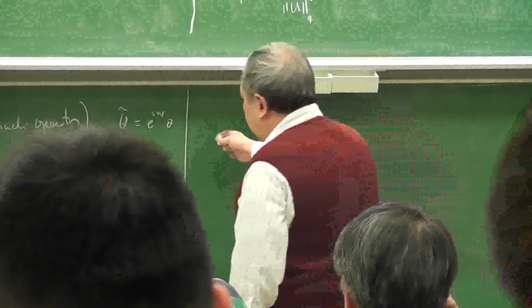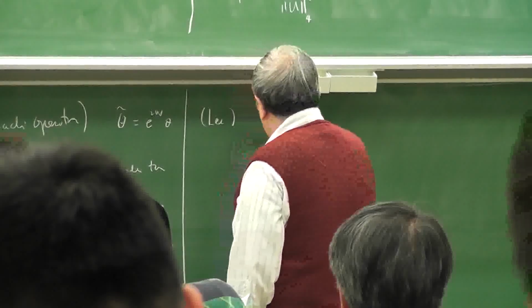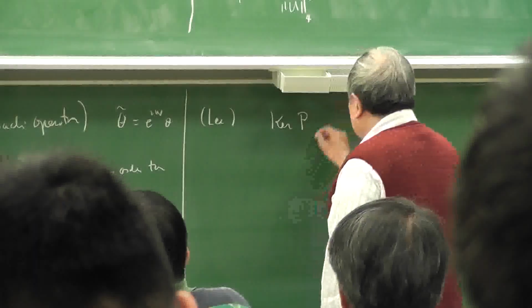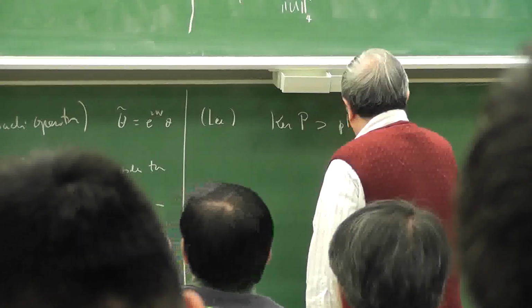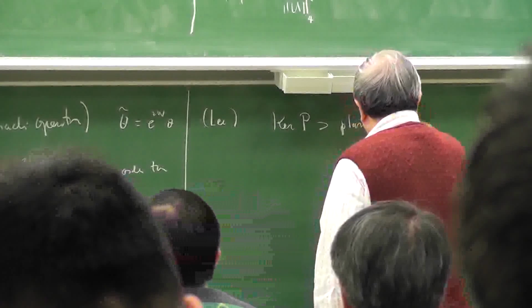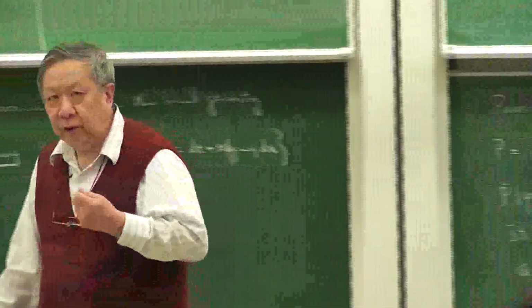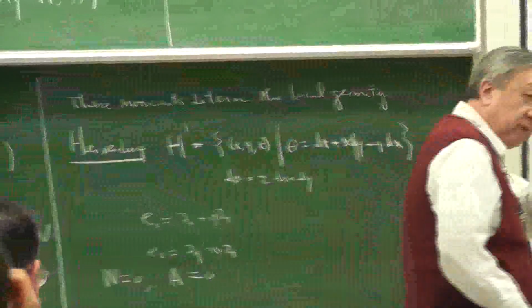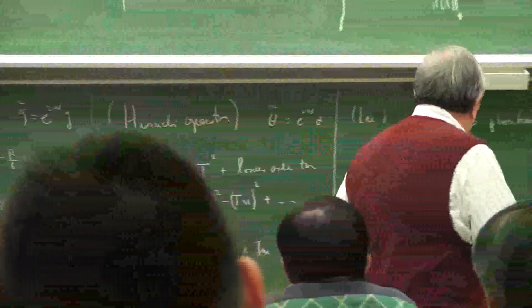This is known to people before, this is the example. That is, the kernel of this Hirachi's P really contains the CR pluriharmonic functions. That is the real part of holomorphic functions. So if you want to study holomorphic functions, you have to deal with the CR pluriharmonic functions. In other words, you have to deal with this operator P. And P is a higher order operator. So this makes things difficult.